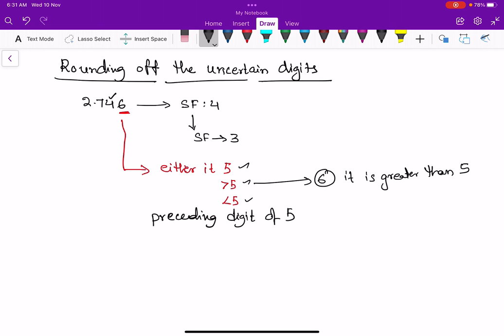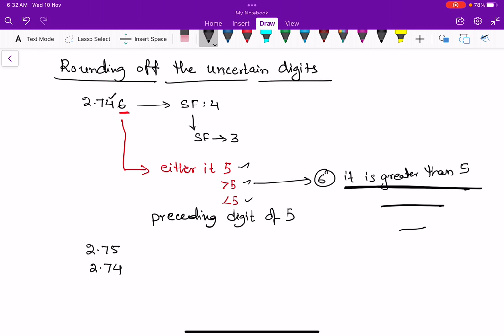But once you see that it is greater than 5, the confusion is whether you write 2.75 or 2.74, which is correct.